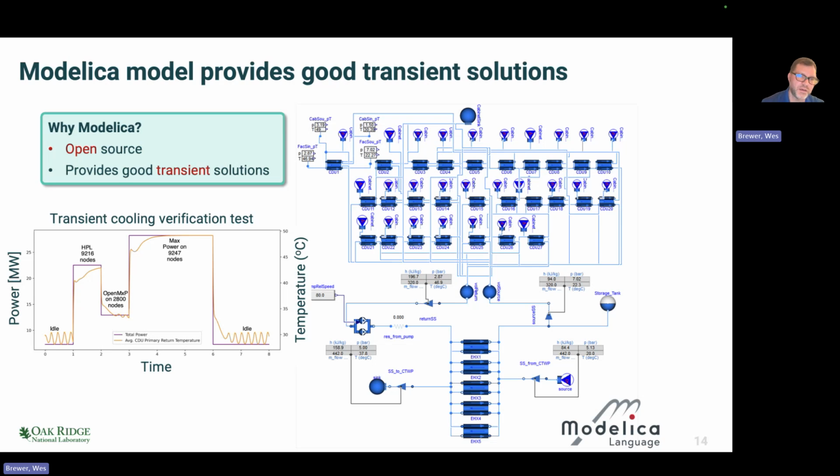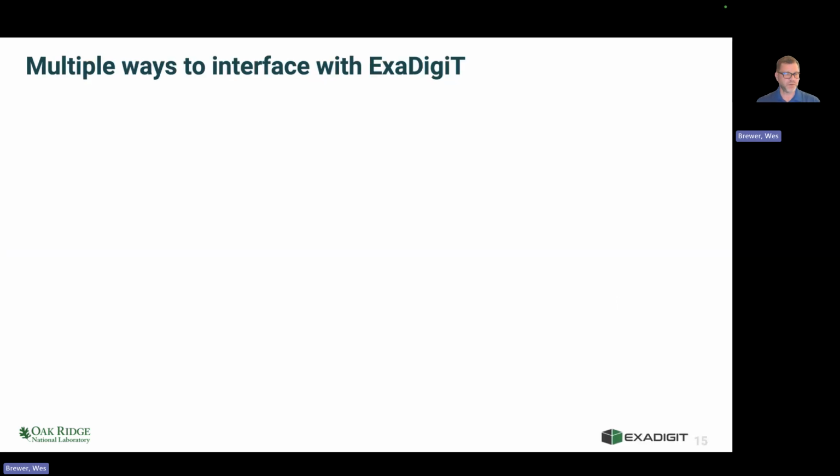We just wanted to see how the cooling model would respond, if it would respond in a transient way. And this was just a verification that the cooling model actually does handle transient dynamics very well. So ExaDigiT has multiple ways to interface with it.